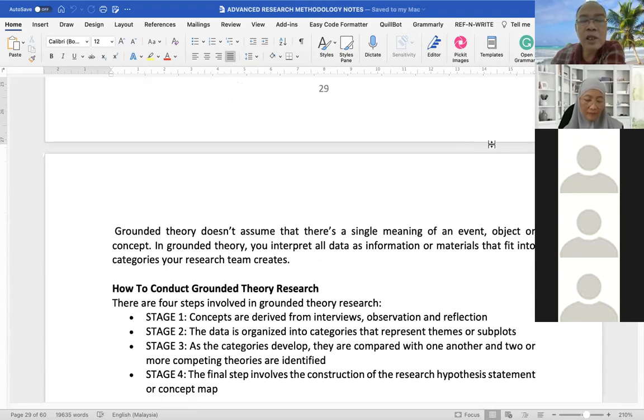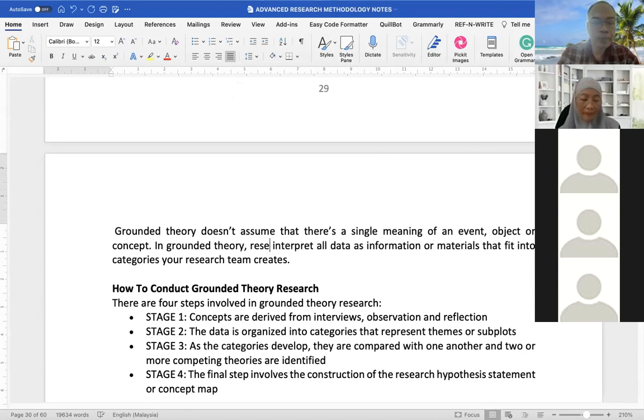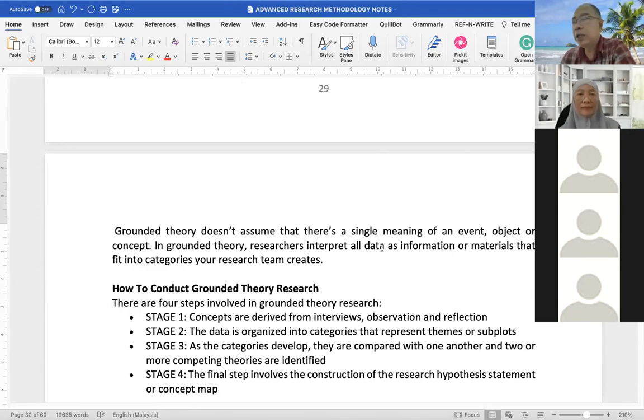Grounded theory doesn't assume that there is a single meaning of an event, object, or concept. In grounded theory, researchers interpret all data as information or materials that fit into the categories. So the data, usually the researchers, when they use the interview method, there is a software called Nvivo.